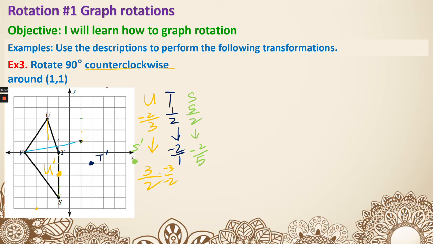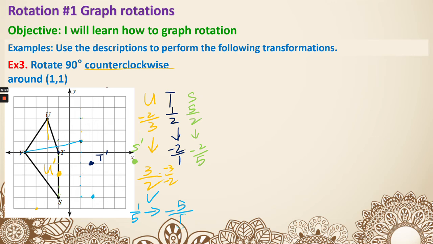Lastly, we have V prime. Connect V with the point. My V is going to be up 1 over 5. So the new slope that I need is -5 over 1. So from this point down 5, 1, 2, 3, 4, 5. Again, the over 1 means to the right by 1.